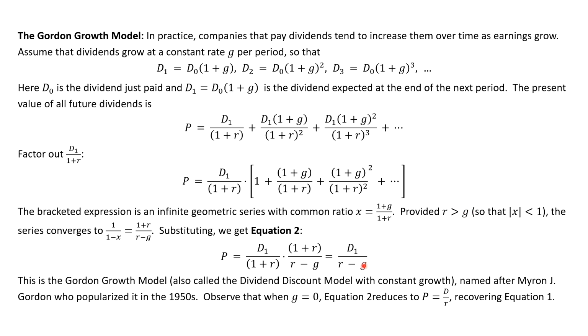It'll work if, for example, instead of the dividends growing, maybe you have a stock where you've projected a decline in the dividends. So there you might have a negative G, and this formula will work in that case also.